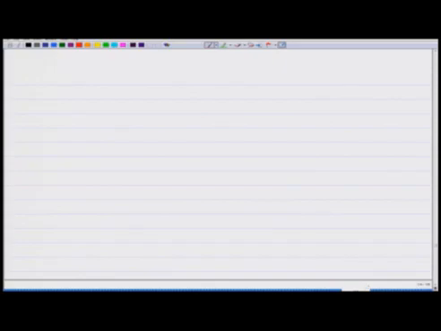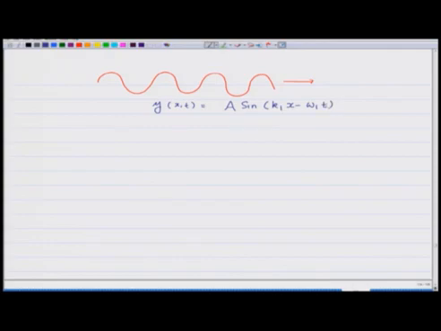So, for that, let me consider one wave which is traveling in one direction, let us say to the right, and it is given by y(x,t) equals some amplitude A sine(k1 x minus omega1 t).